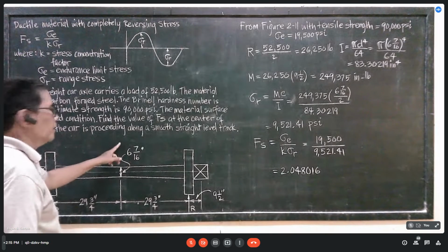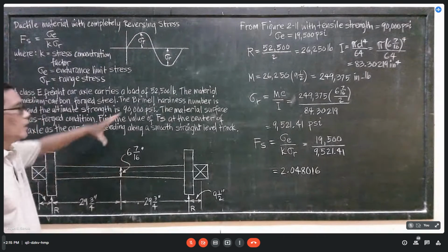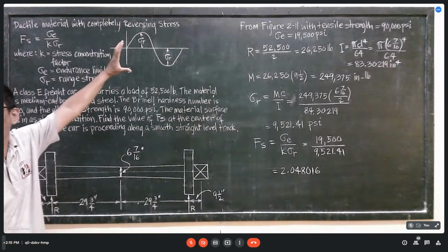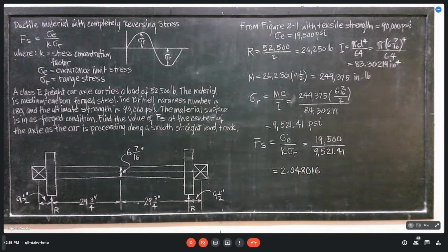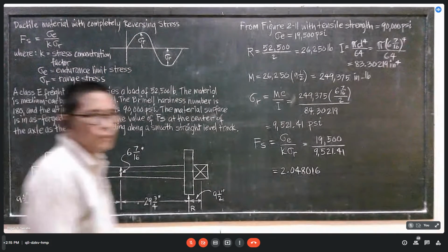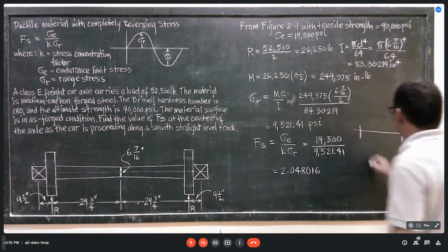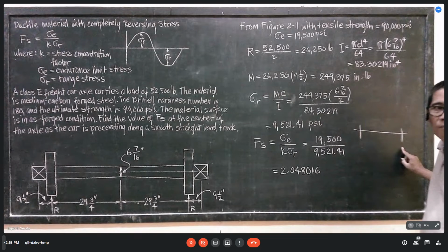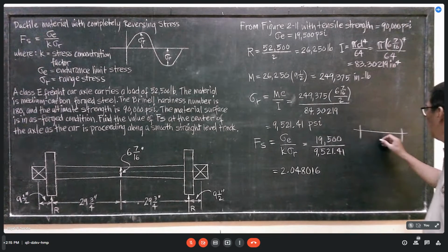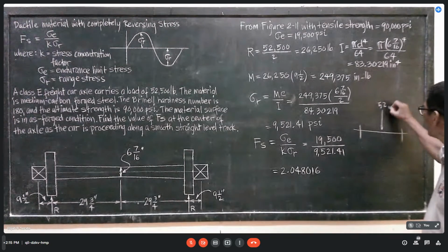Here? Okay, if you're 52,000, let us say this is your car. This is your car. Okay? I'm going to draw it. These are your wheels, and this is your axle, and you say that this is your 52,500.